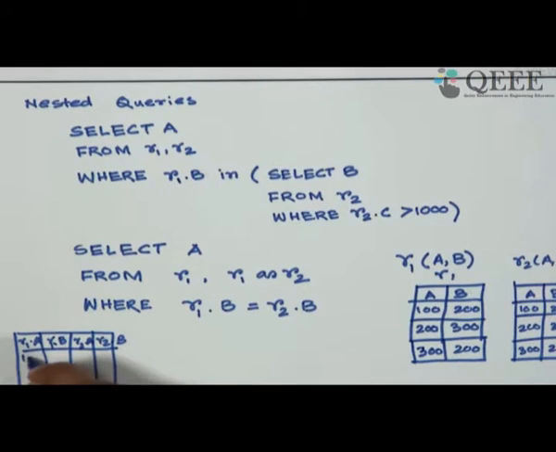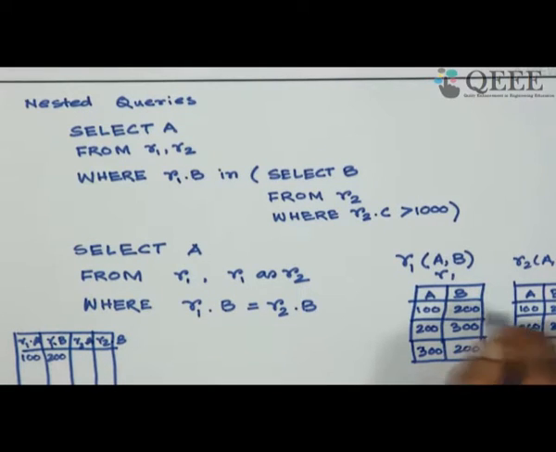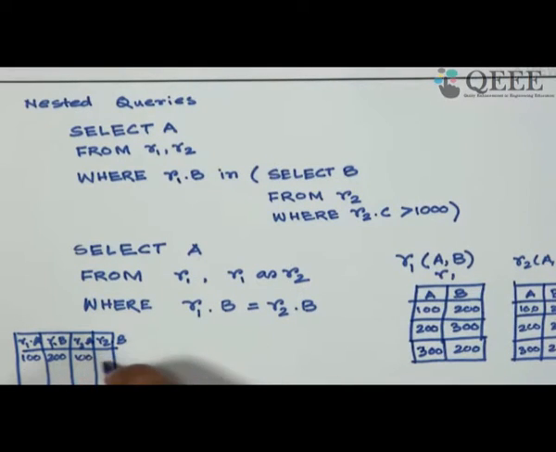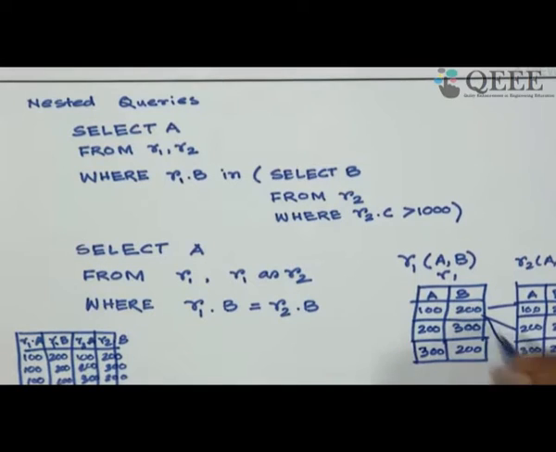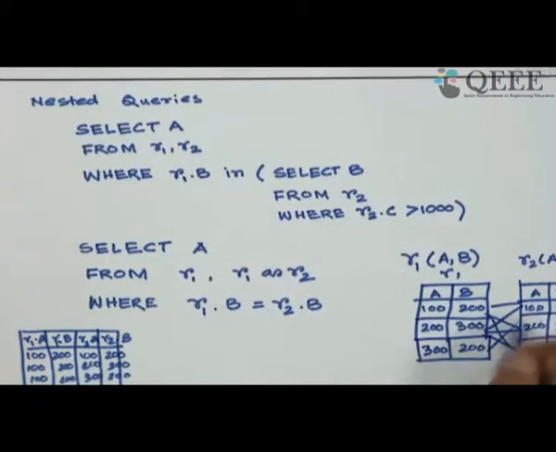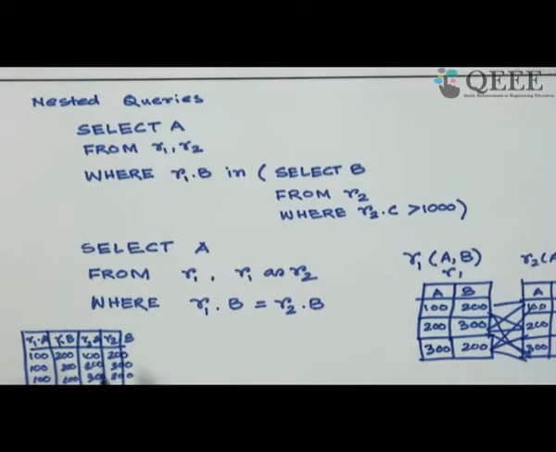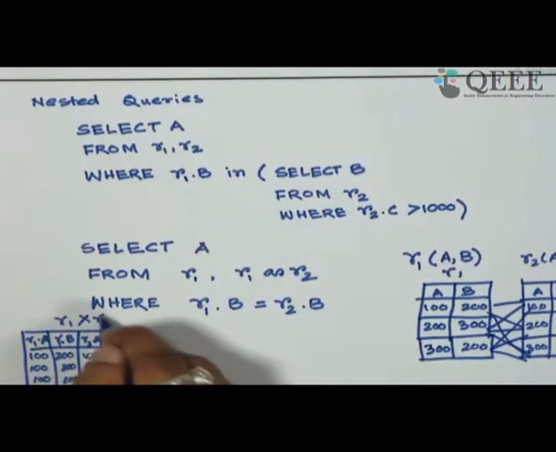I'm not writing out all of them, but the values will be like this: 100, 200 with each of these, and so on. Each tuple will cross with every tuple, so 9 tuples will be there in R1 cross R2.